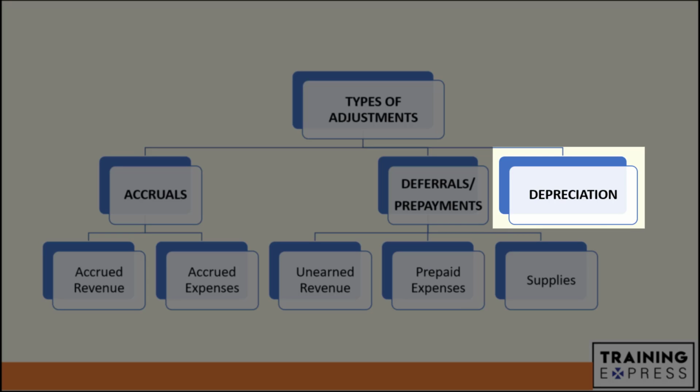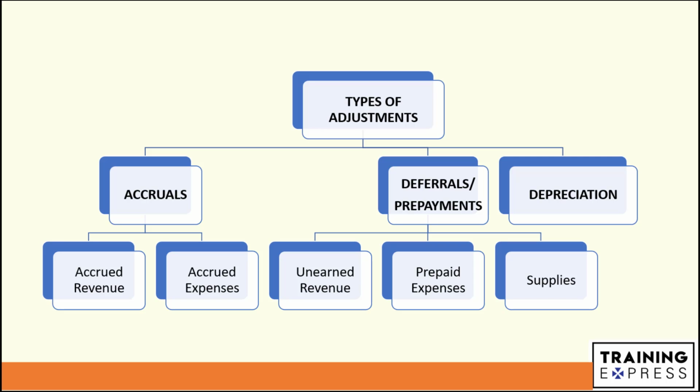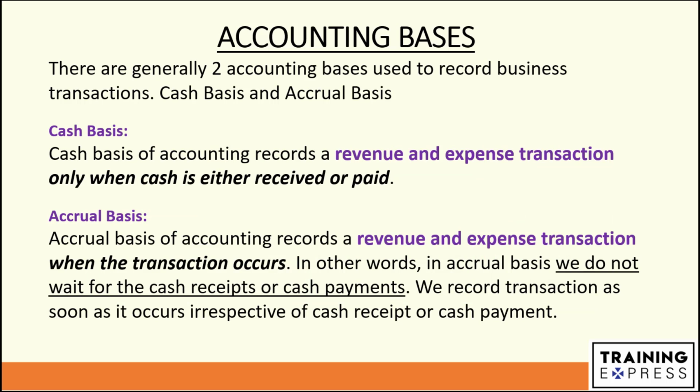And then on the right side, you will see another type of adjustment, which is called depreciation. Today, we will talk about only accruals, and in the next session, we will talk about deferrals or prepayments and depreciation.